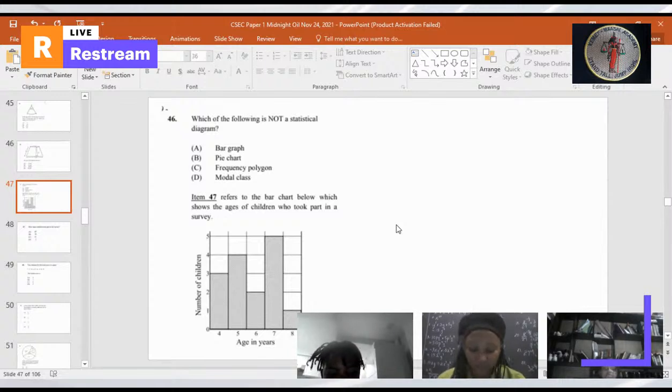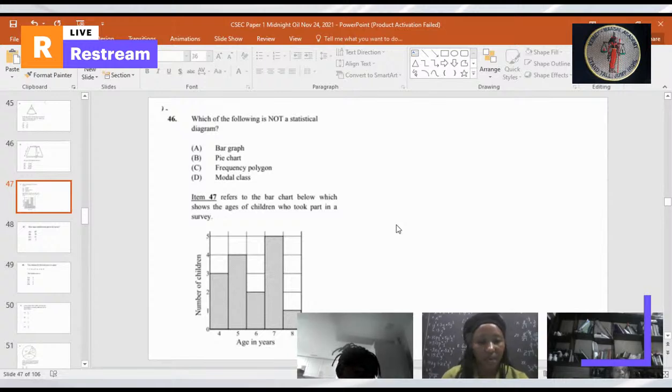It's modal class. What does the modal class have to do with it? The mode is the most frequent, right? Yes, miss. But it's not a diagram. The other three are diagrams. The modal class is the one that's not. So just elimination.